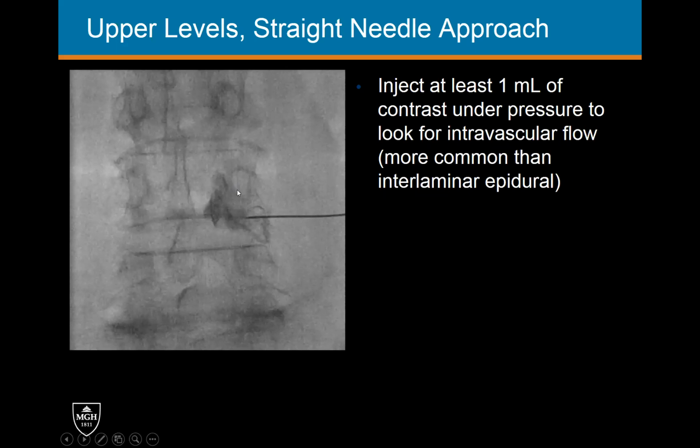But what's good about it is that it's exactly 6 o'clock on the pedicle, so that's perfect. And you want to inject at least 1 ml of contrast under pressure to look for intravascular flow, which is more common than with the interlaminar epidural that we just showed you. And here you can see that there's not only epineural flow, there's epidural flow as well.